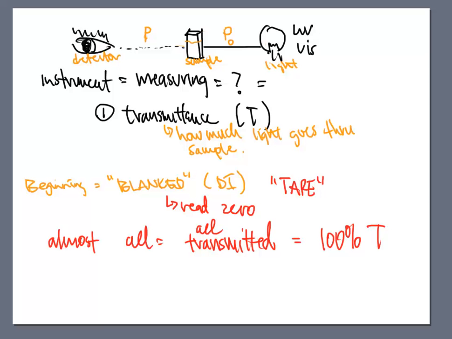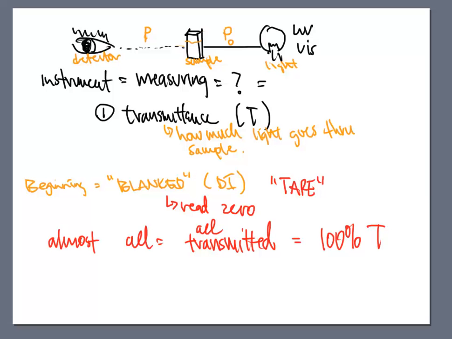So if 100% of the light is going through that sample holder, then that means the sample's not doing anything at all. However, depending on what we put in there, sometimes only 90% of the light can go through, less of it. Sometimes 60%, sometimes 40%, and sometimes 0% of the light can go through. The sample blocks everything, and the detector doesn't see squat.